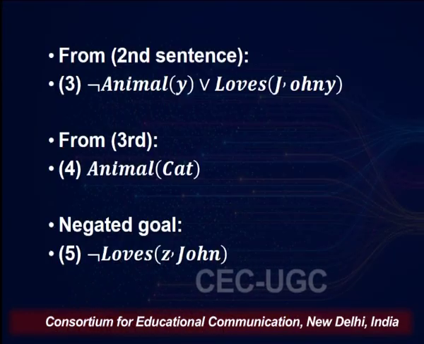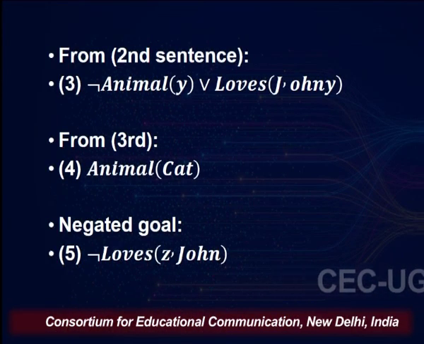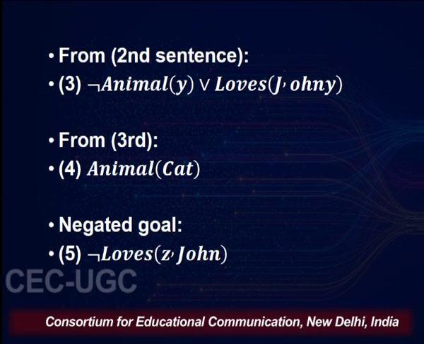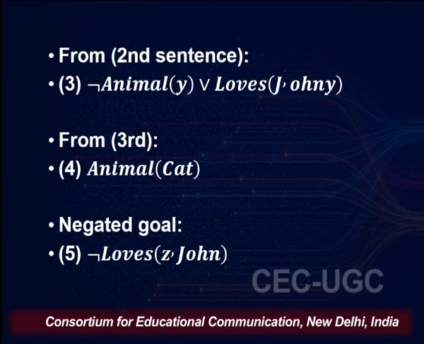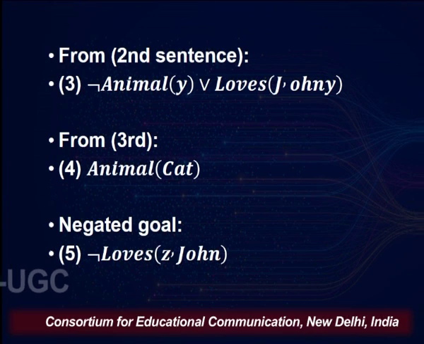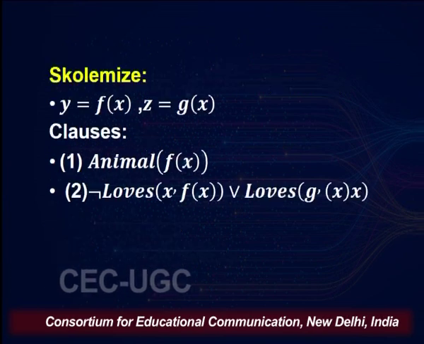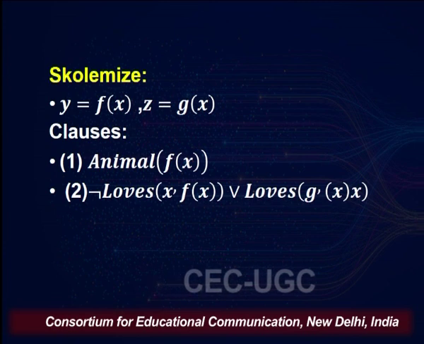Now, from the second sentence we are going to derive negation of animal(y) or loves(John, y), and from the third we have animal(cat). The negated goal is negation of loves(z, John). So, this is going to be the complete set of clauses.